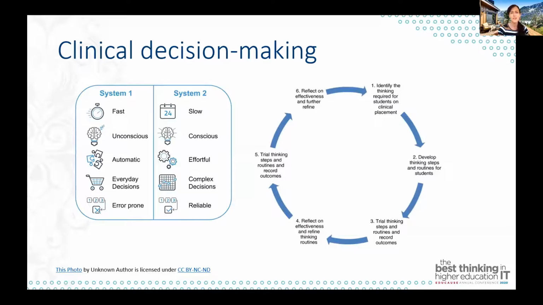Now, if you're a trained healthcare professional, you most likely have an established clinical decision-making process that you use to work through clinical problems. Although there's no one correct method, clinical decision-making involves a number of different processes to determine the probabilities of what's going on.